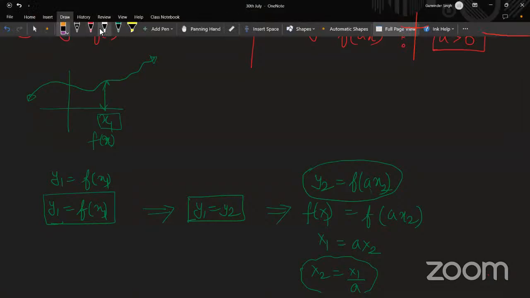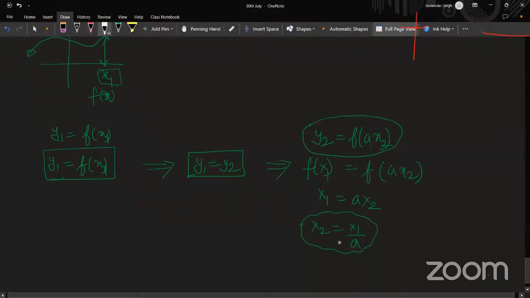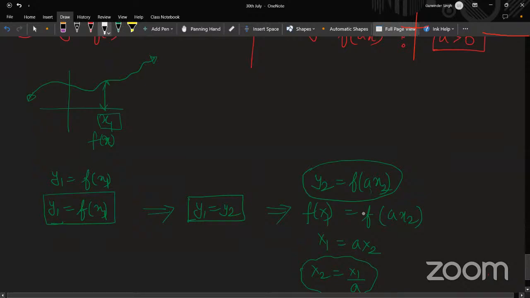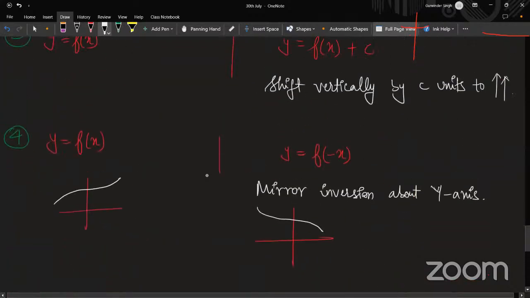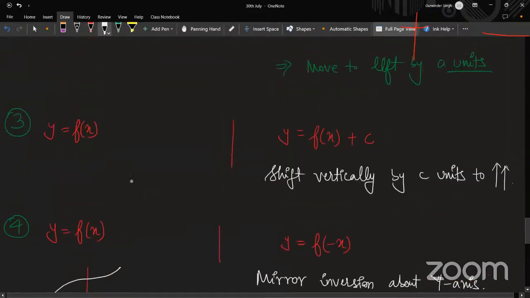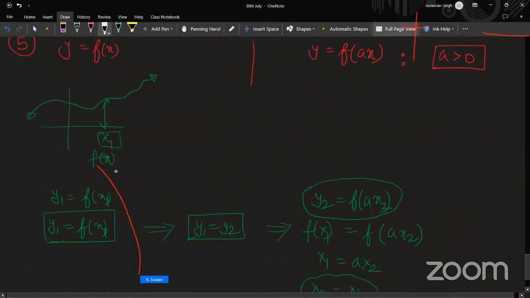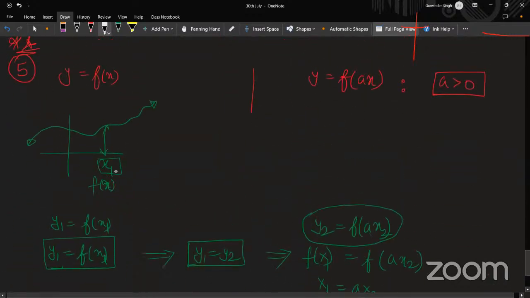Okay. See, what we were doing here is, I am just trying to find what will happen to my curve. What will happen to my curve? So I have taken this function y is equal to f of x.